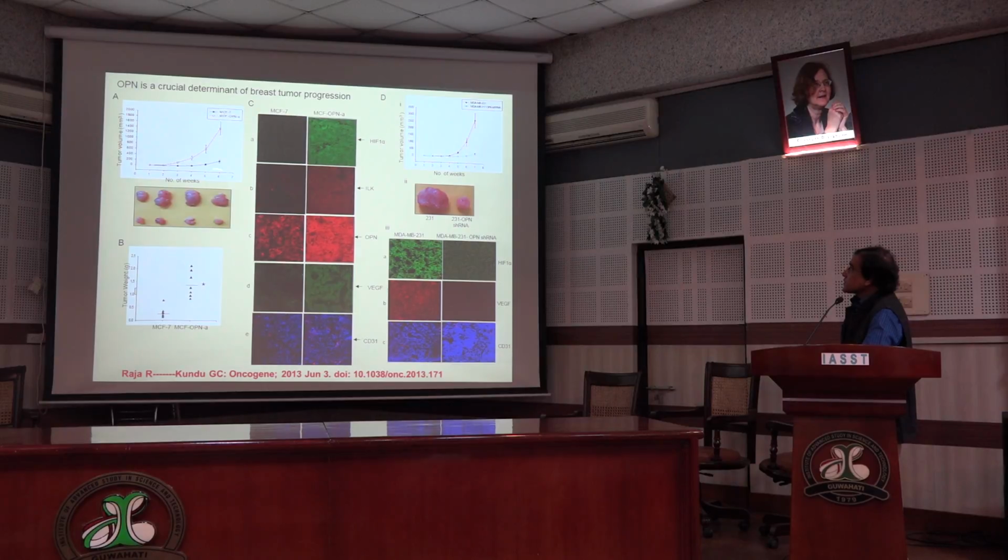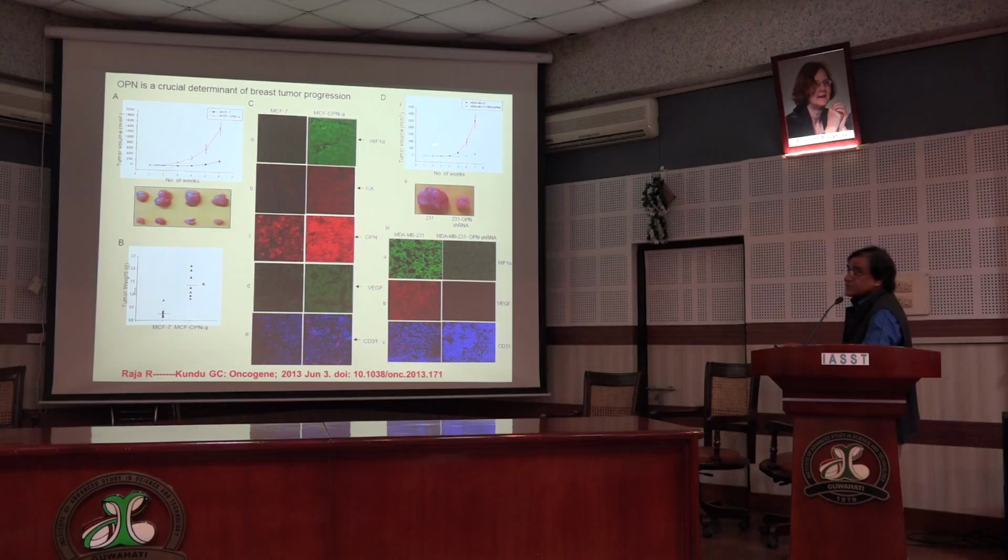Again, she showed by loss of function and gain of function that the MCF7 cell does not express much osteopontin. She overexpressed it and injected it into nude mice, and they developed tumors. The osteopontin-overexpressing MCF7 enhanced tumor growth compared to MCF7 alone.